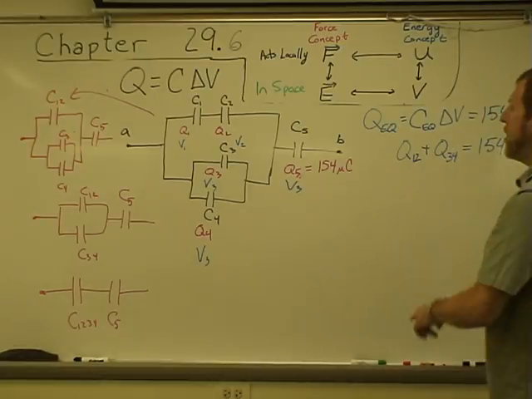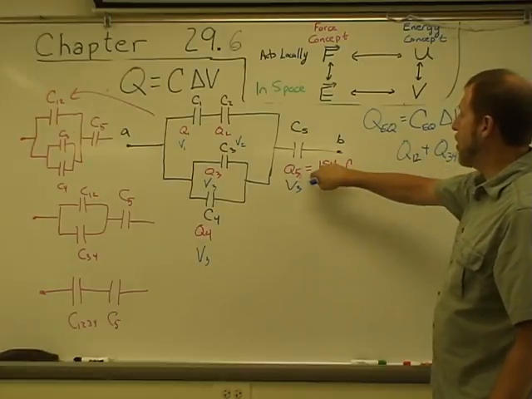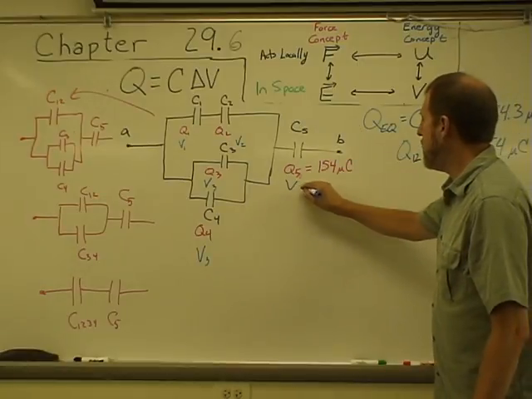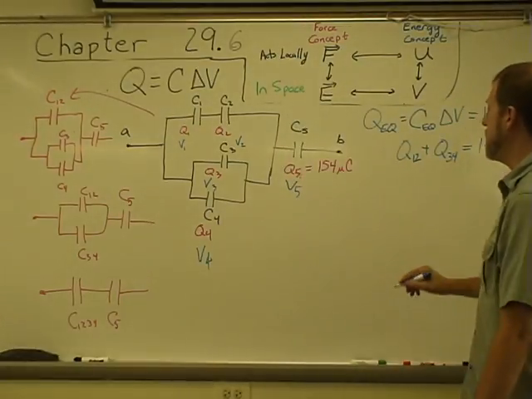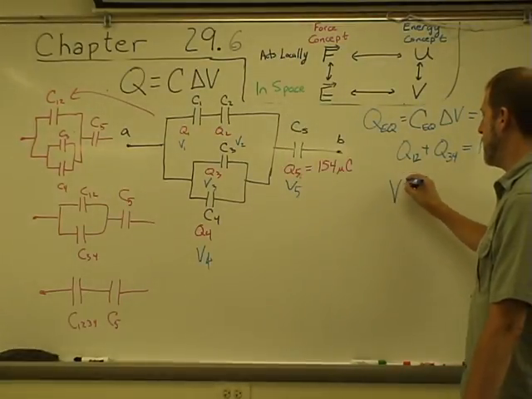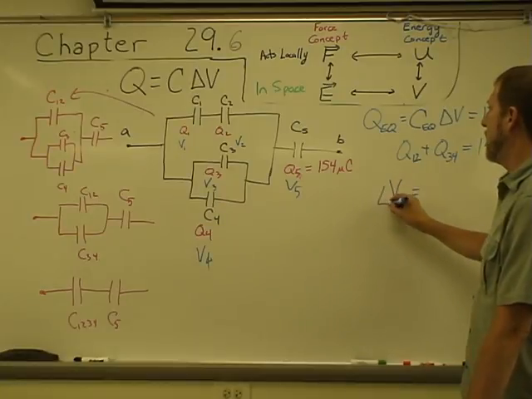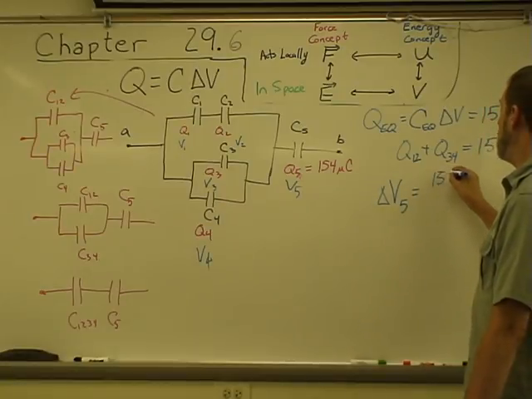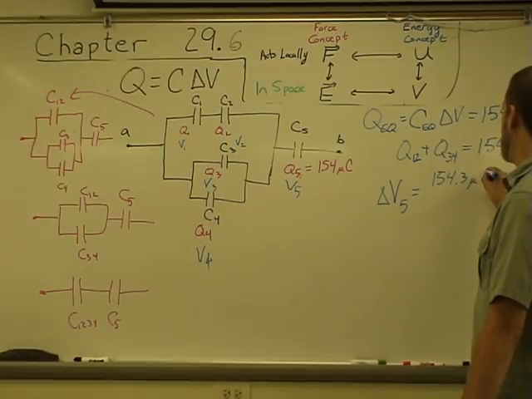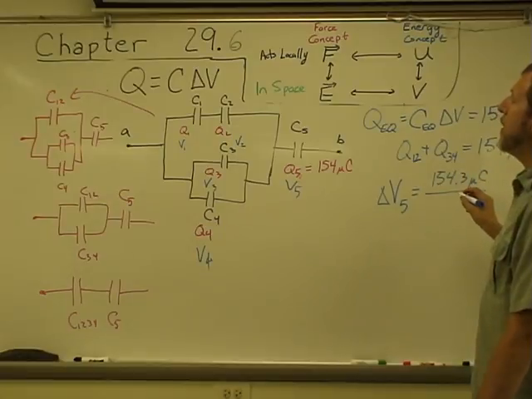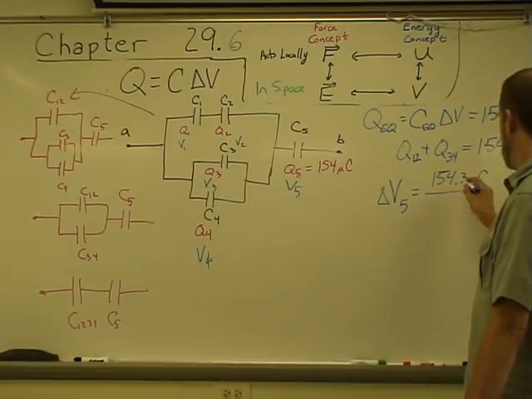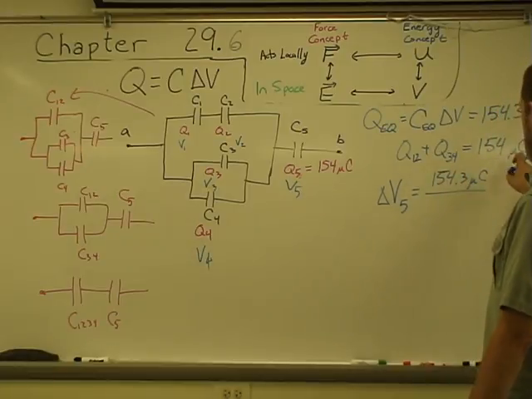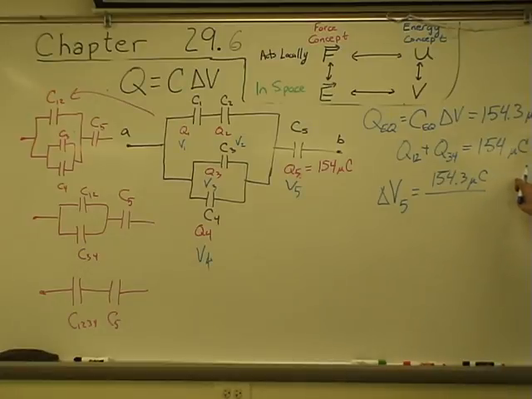But because I know C5 and the charge on capacitor 5, I know that the electric potential over capacitor 5 is equal to 154.3 microcoulombs divided by, what the heck was C5 again? 10.